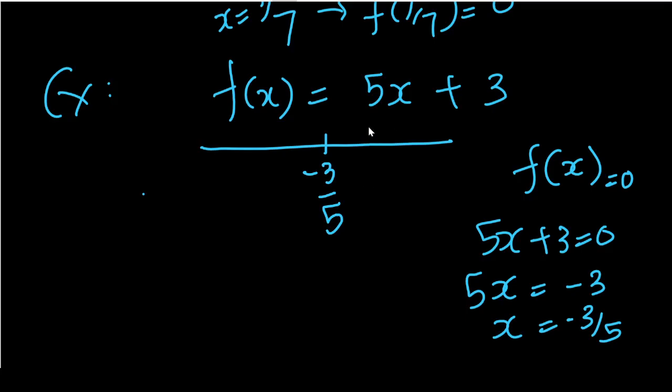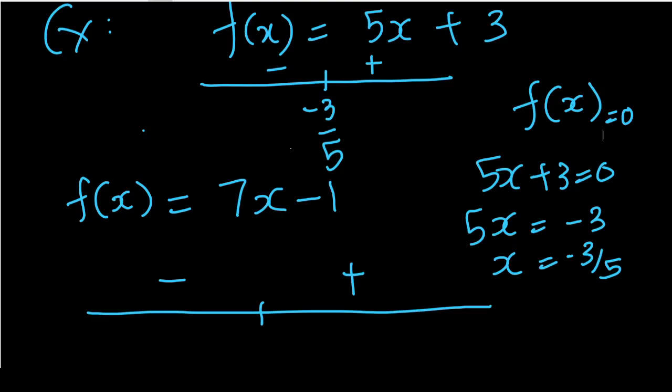Again we can plot the plus and minus signs using the same discussion that we did for f(x) equals 7x minus 1, where the point was 1 by 7. Similarly for f(x) equals 5x plus 3, we got the point to be minus 3 by 5.